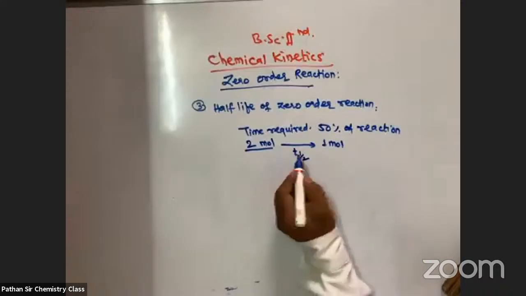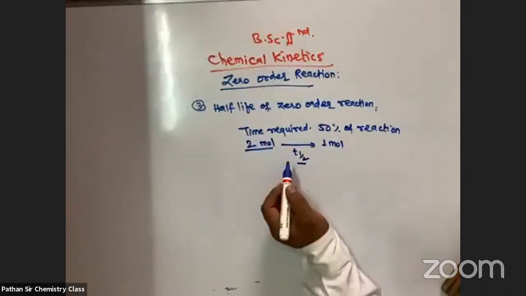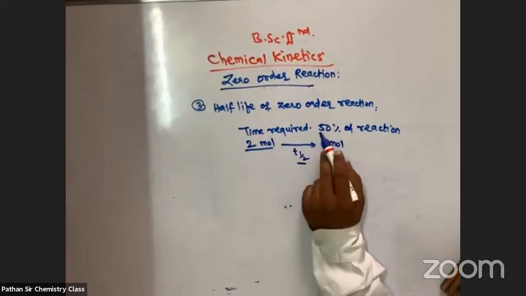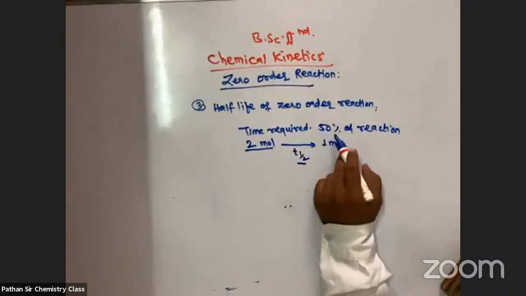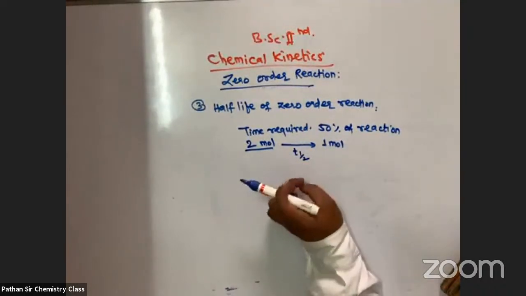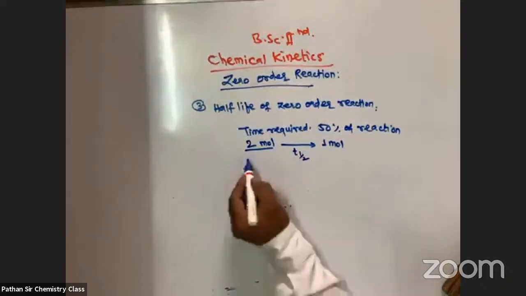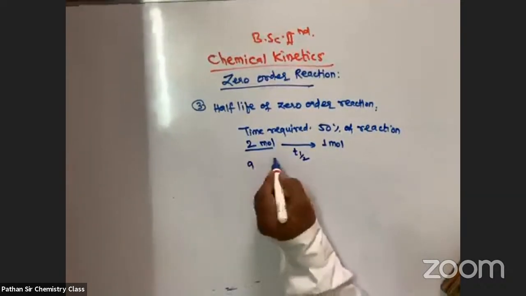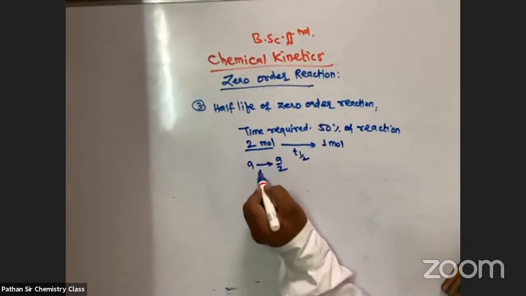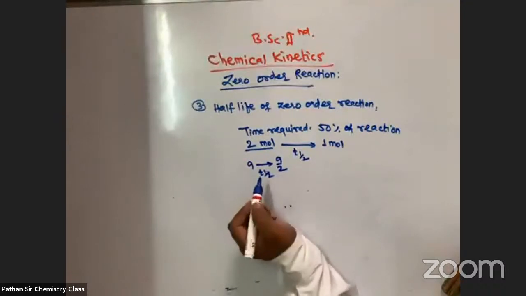It is the time required for half of the reactant to change into product. It is denoted as T half. So T half is the half-life of the reaction. If the initial concentration is A, then half of it is A/2. Conversion of A to A/2, the time required is known as the half-life of the reaction.